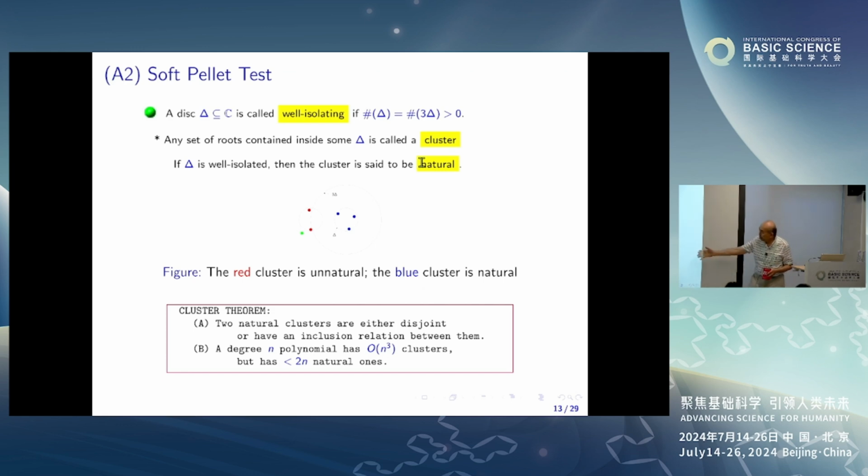There are 2 very simple reasons for that, the cluster theorem. Any 2 natural clusters, they're either disjoint or one is containing the other, right? They cannot just intersect partially. And therefore, any degree n polynomial has, in general, n cubed clusters combinatorially, but there are only less than 2n natural clusters. You can form them, put it into a tree, actually. Very nice cluster tree. So we work with these kinds of things.